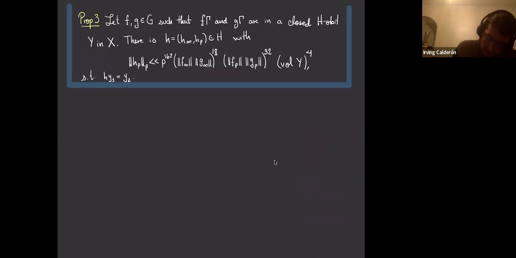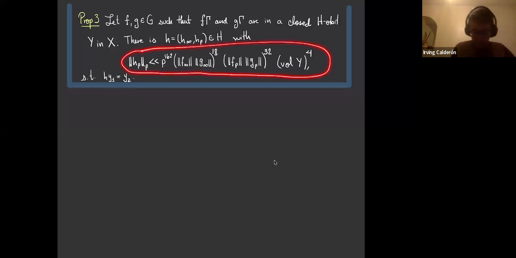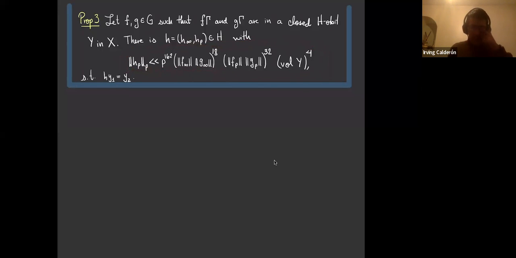It says that if we take two matrices, F and G in G, and suppose that there are two points in X in the same H orbit, a closed H orbit Y, then there is an h in H moving y1 to y2, and we have this bound for the norm of h_p.